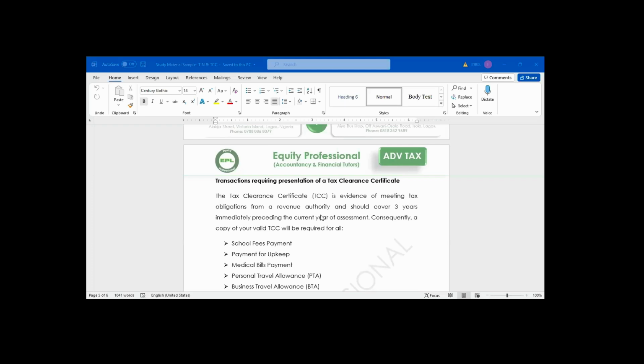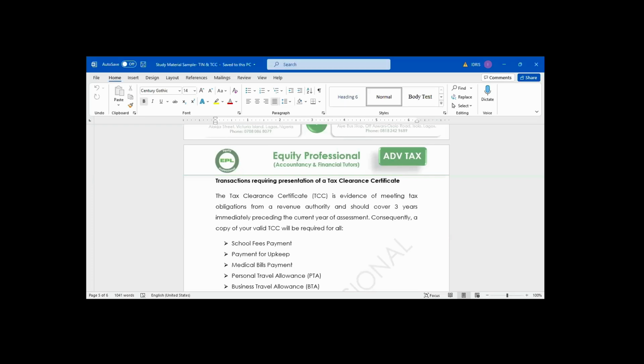Number one, school fees payment. You want to send school fees to your children abroad. You need dollars, foreign currency at official rate. They'll ask for your tax clearance certificate. Payment for upkeep, medical bill, traveling allowance, business traveling allowance.